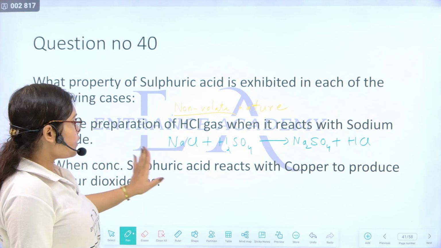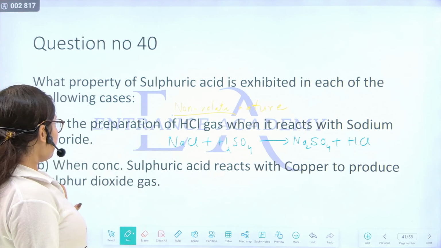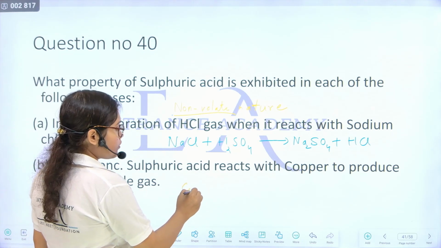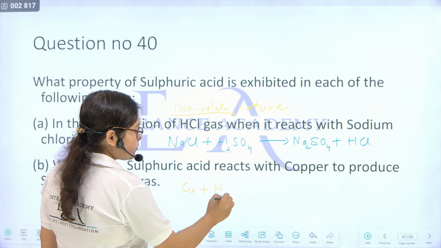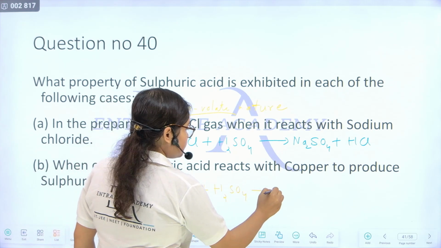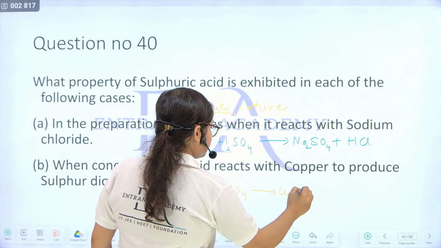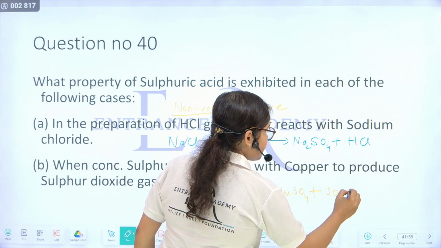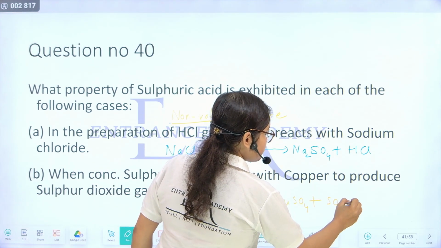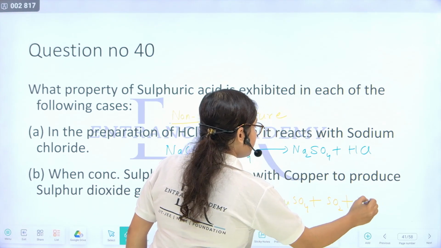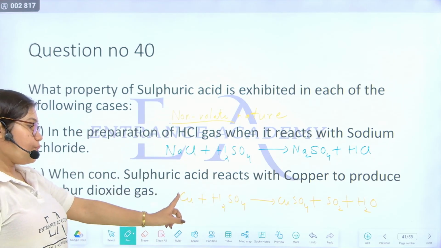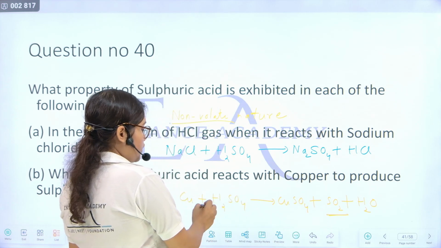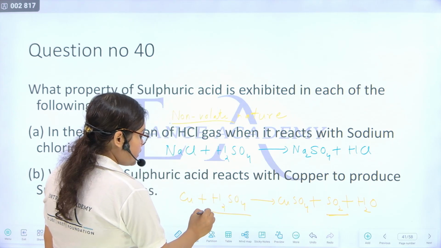Next part, when concentrated sulfuric acid reacts with copper to produce sulfur dioxide gas, what property is shown? It is the oxidizing nature.